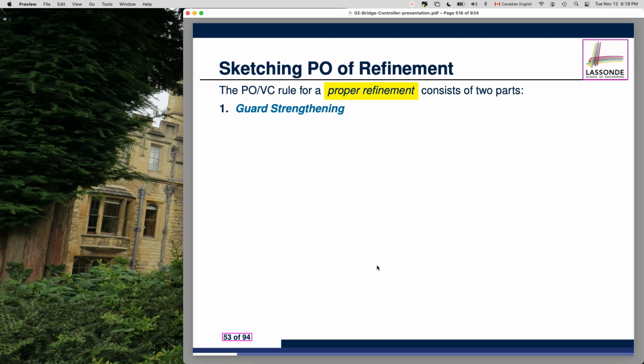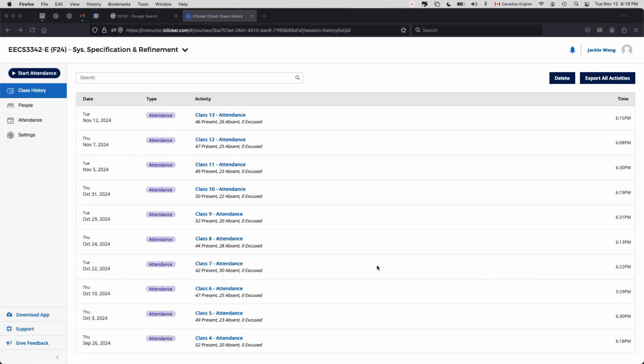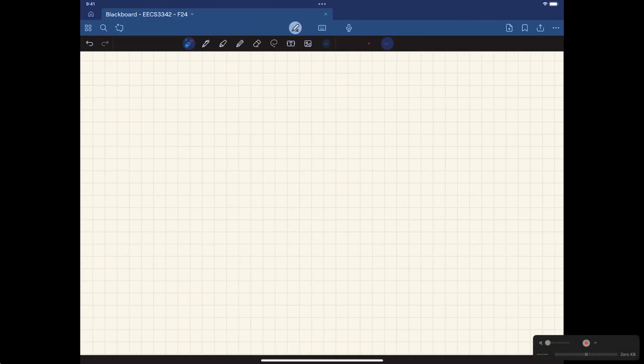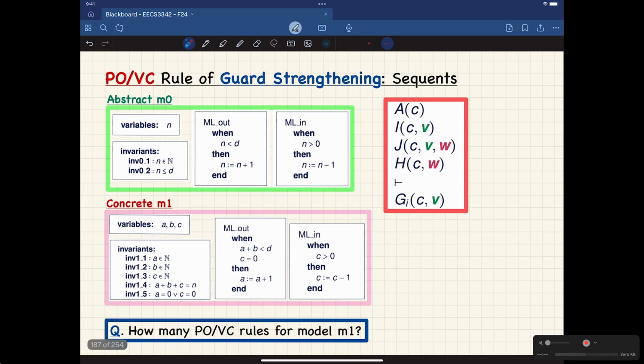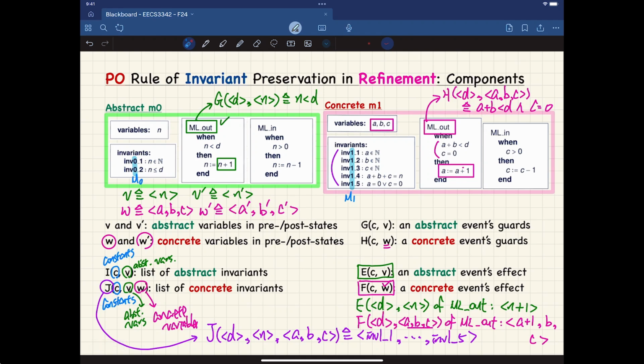Number two, you will see that the actual proof obligation is kind of confusing. I'll show you first, and then I'll also need to explain. If you look at the actual proof obligation here, this H, before the break, we said that H is the concrete event guard, right?